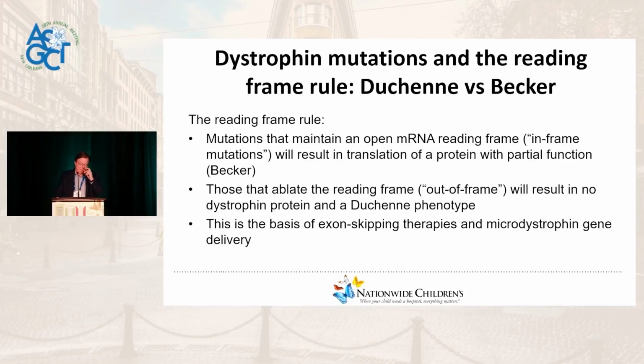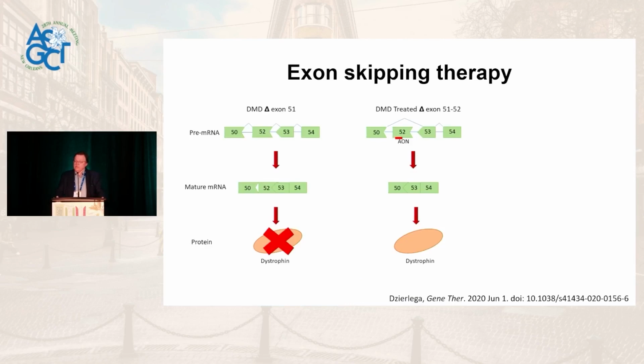I won't get into the details, but one of our clinical concerns is that what we see on genomic testing does not always predict the final organization of the messenger RNA, so we have to interpret this with caution, but about 90% of the time this prediction holds up to be true. Now, this observation of in or out of frame led to the first therapies for Duchenne dystrophy, which are exon skipping therapies with antisense oligonucleotides.